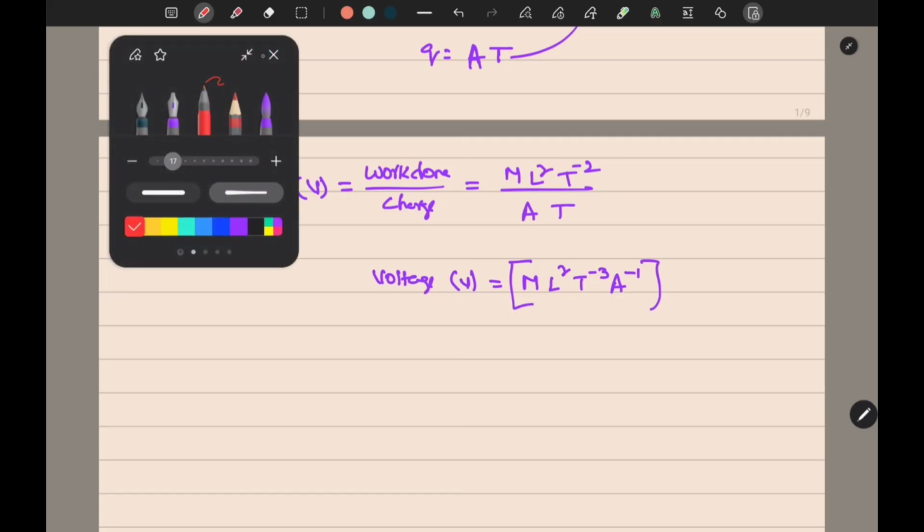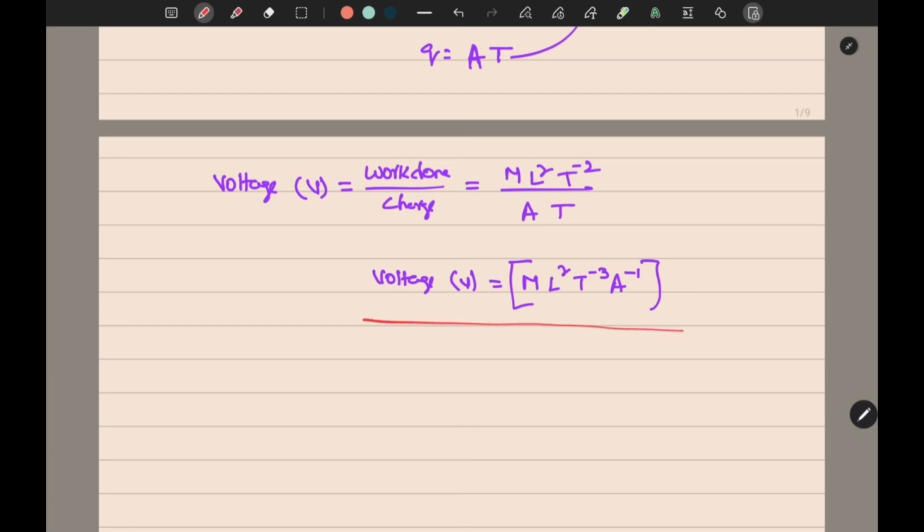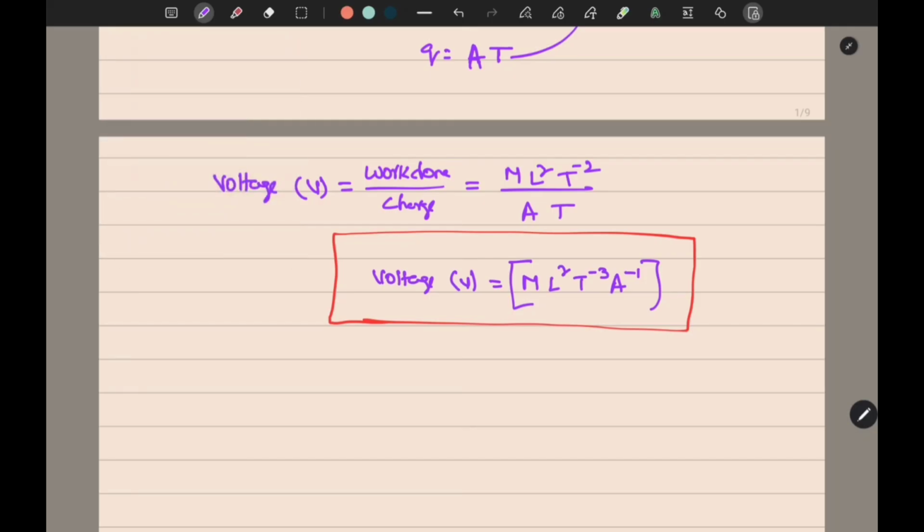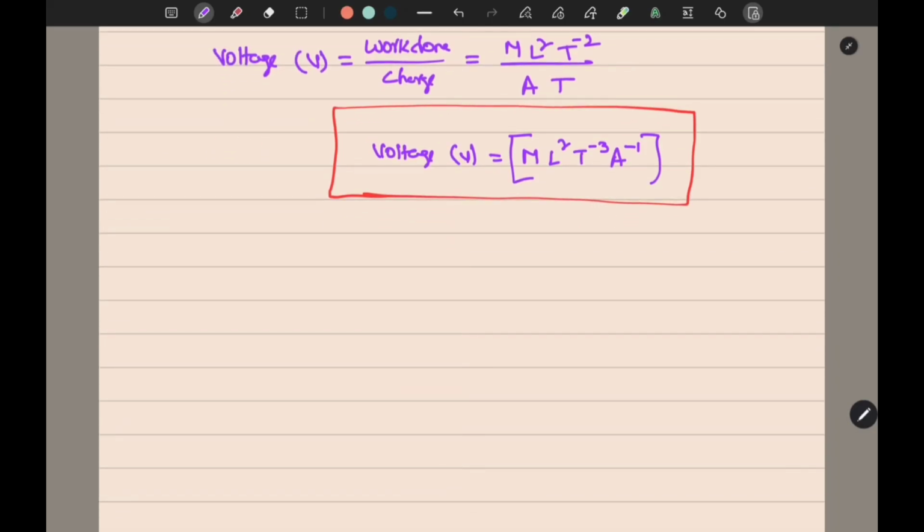From this dimensional formula, we can derive some other dimensional formulas. Okay, the next dimensional formula we have to derive is resistance. We know that voltage is equal to current into resistance. From this, resistance is equal to voltage per current.